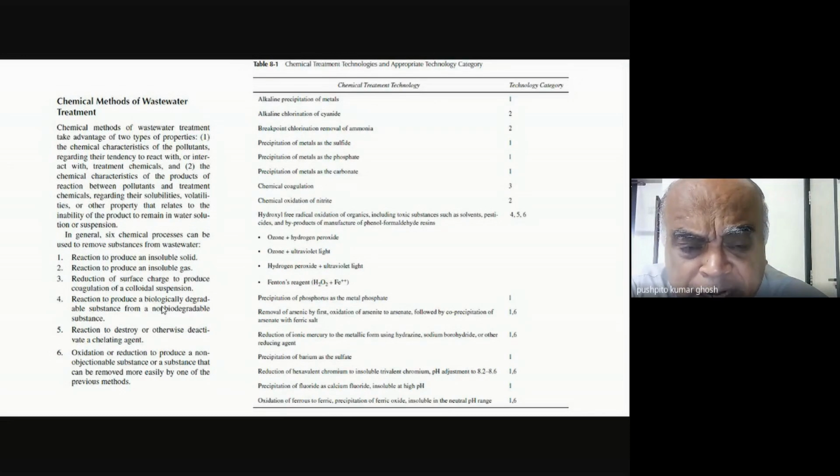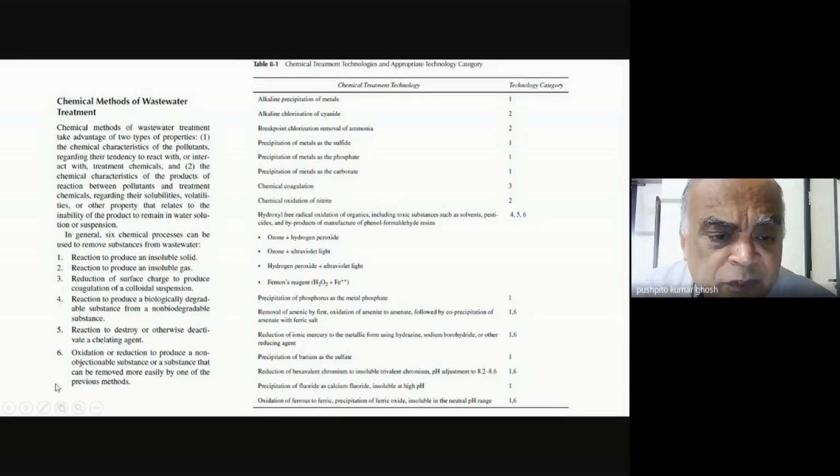But even then, at the end, they always struggle. So what this is proposing as a principle is a reaction to destroy or otherwise deactivate. It says a chelating agent, but it need not be a chelating agent. Cyanide, for example, is a very strong chelating agent. You can form things like ferrocyanide, ferricyanide.